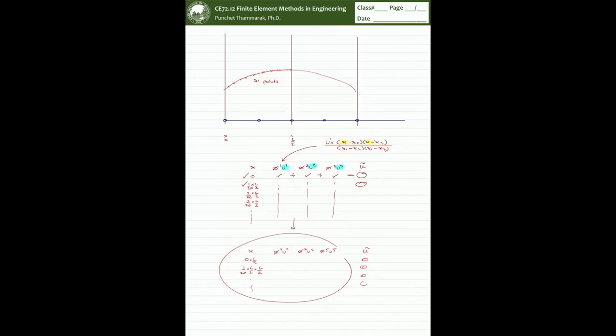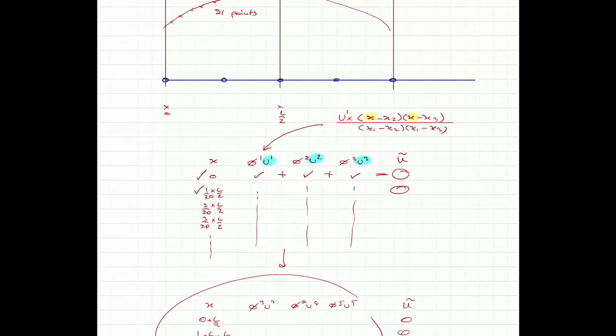Furthermore, I also need stress distribution. So stress distribution comes from, or strain distribution, du dx. To get this du dx, u is equal to u1 phi1 plus u2 phi2 plus u3 phi3.